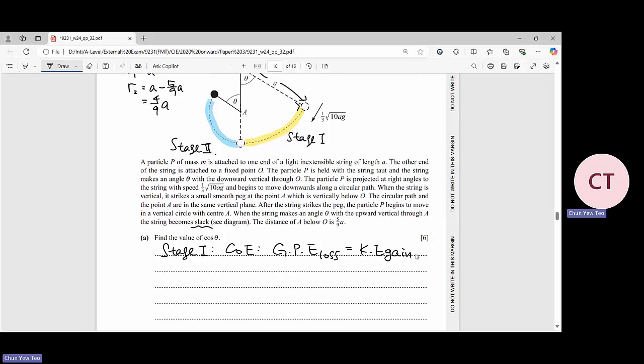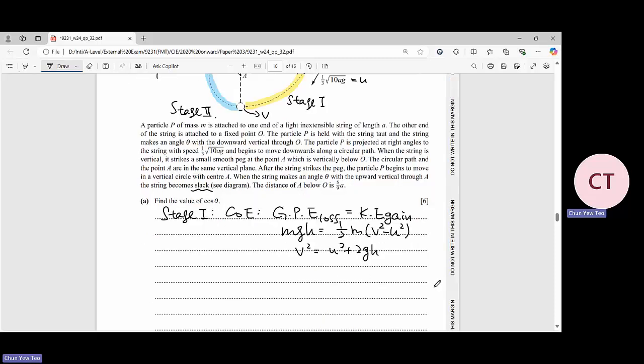No EPE involved, so it will be mgh equal to half m of the v square minus the u square. You will have v square equals u square plus 2gh. By the way, this one is u, here this is v, then here this is w.